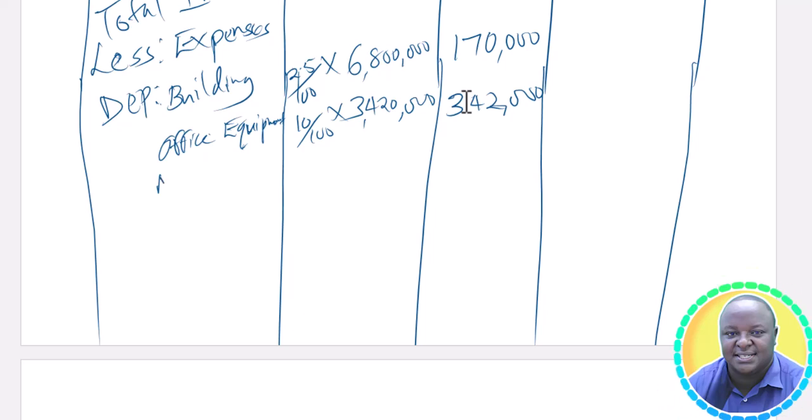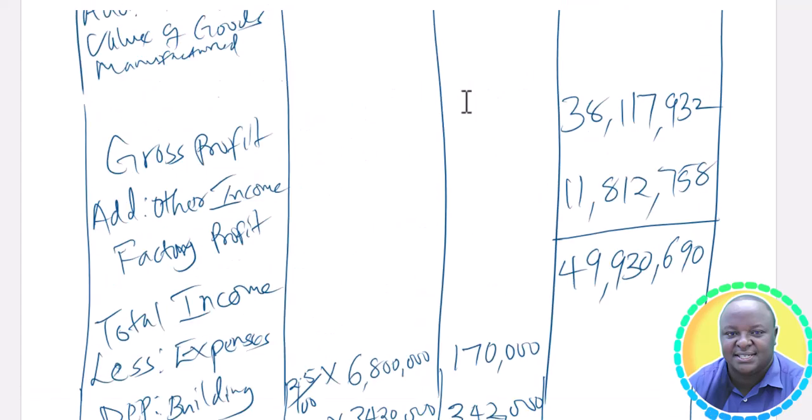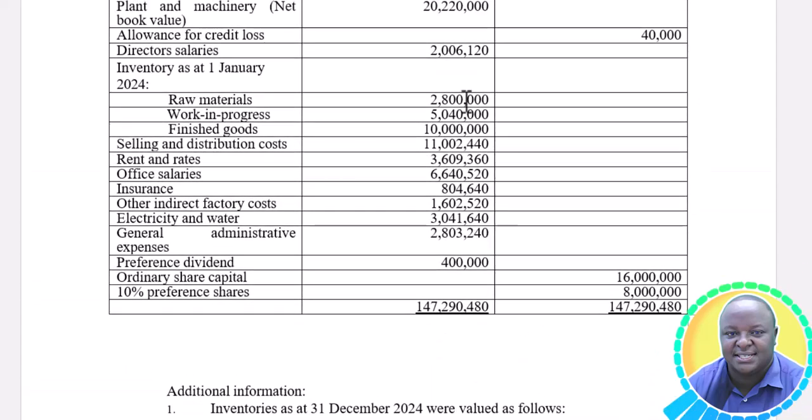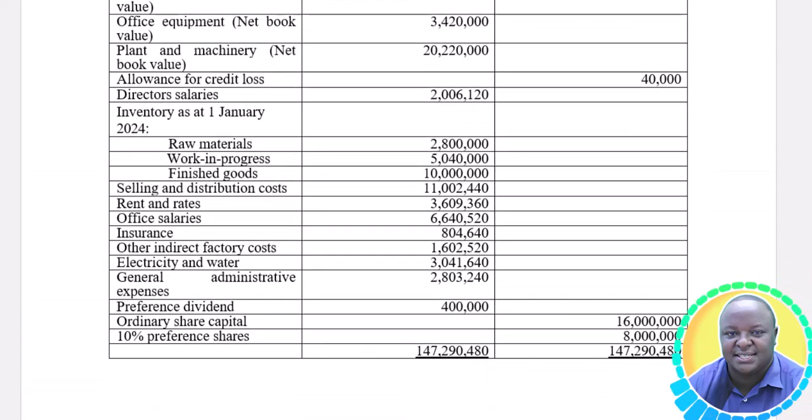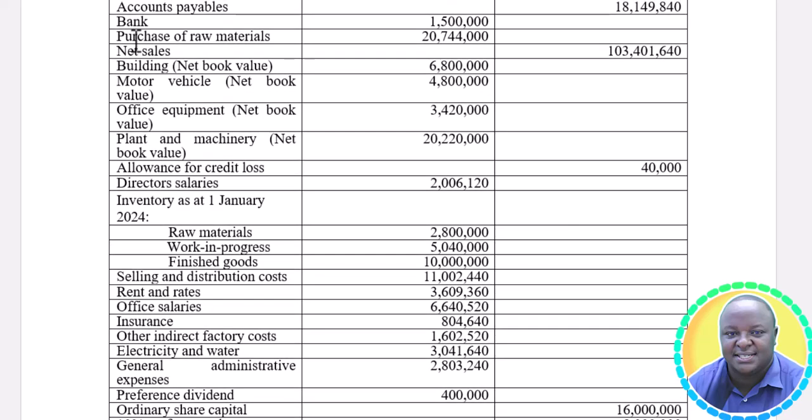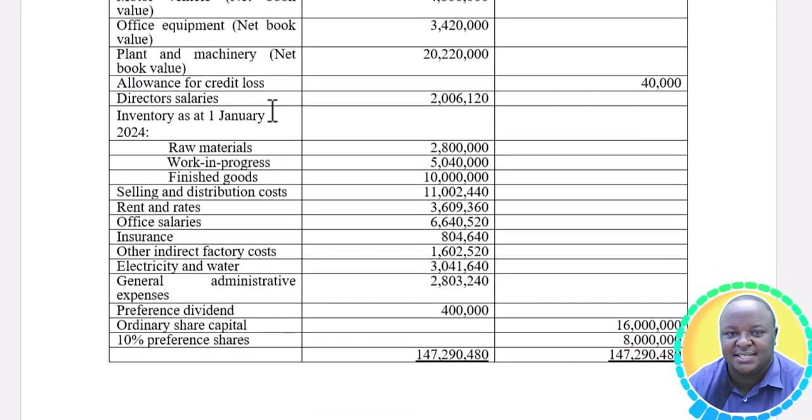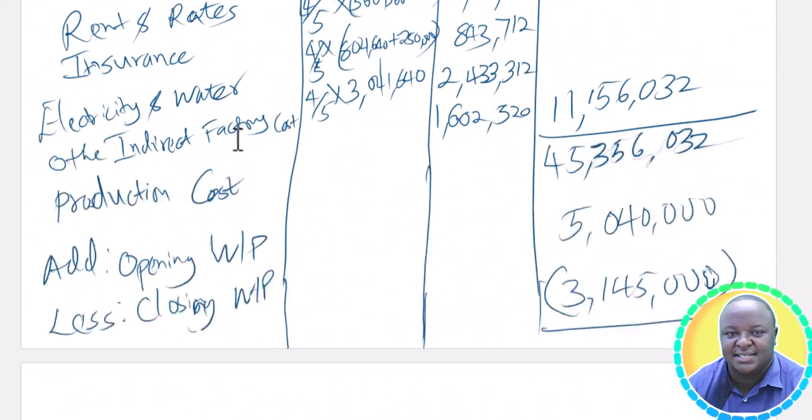Then we will use motor vehicle. Let me go back. I'm just looking at the data that I have from the question here. The cost of motor vehicle is 4,800,000, and it is 40% of that.